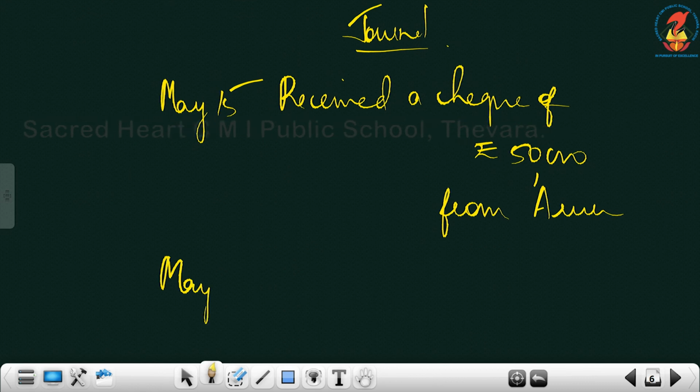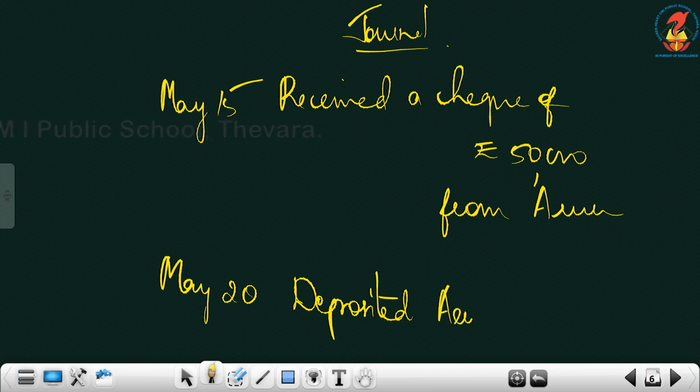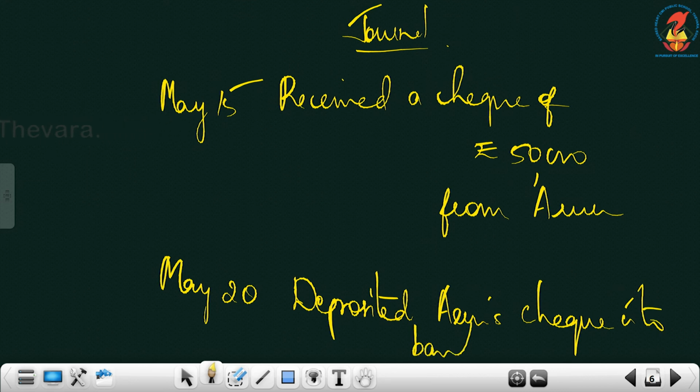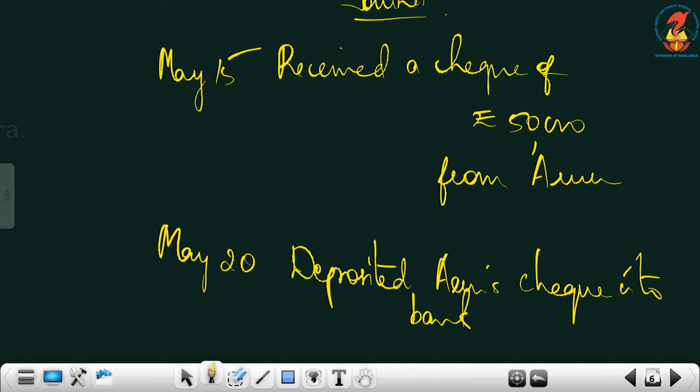Then on May 20th, you deposited Arun's cheque into bank. Okay, these are the two transactions given to you.